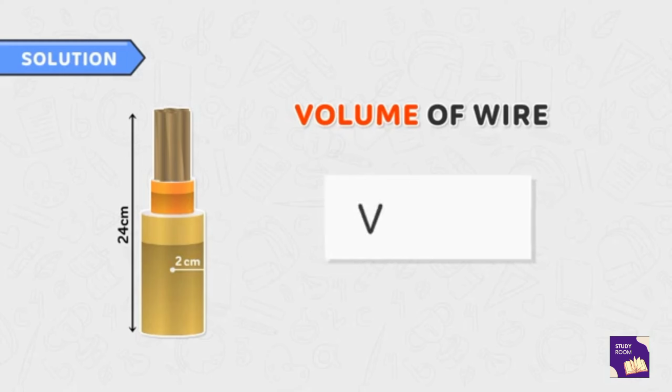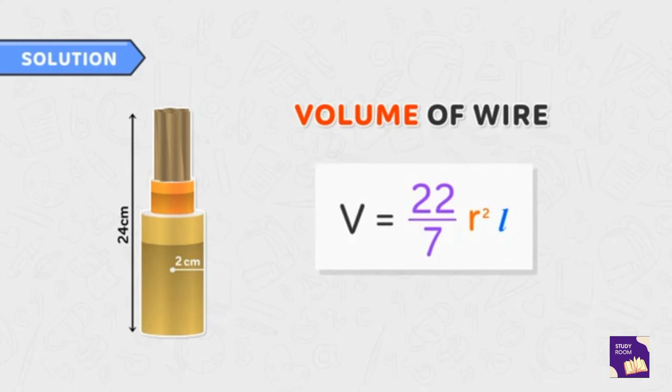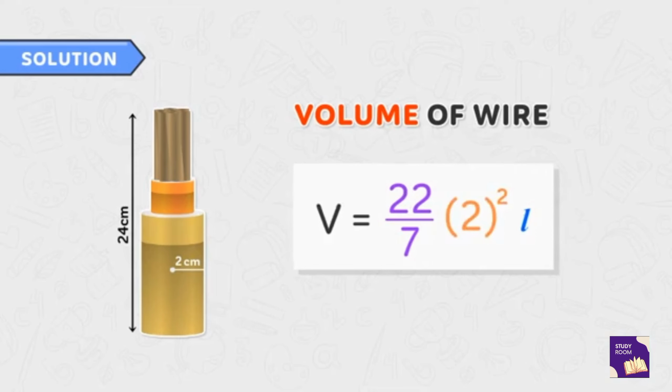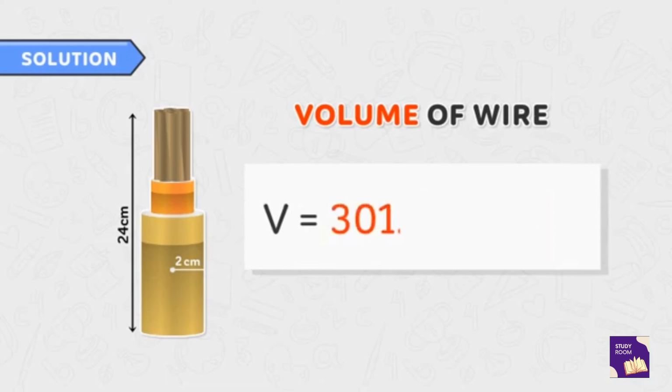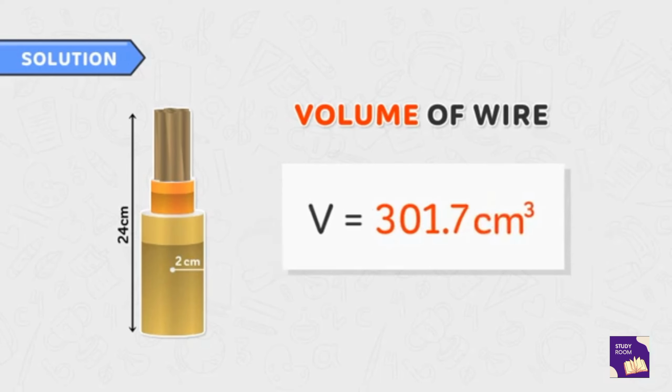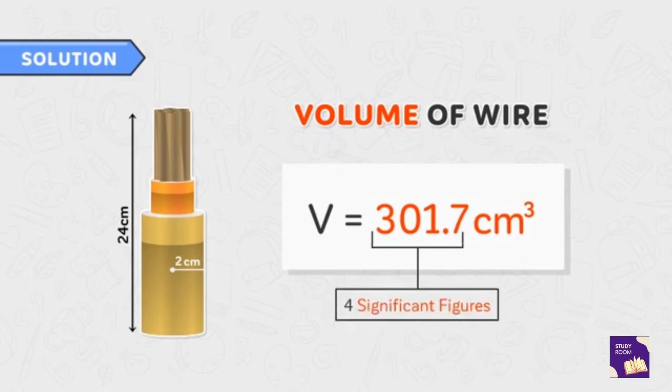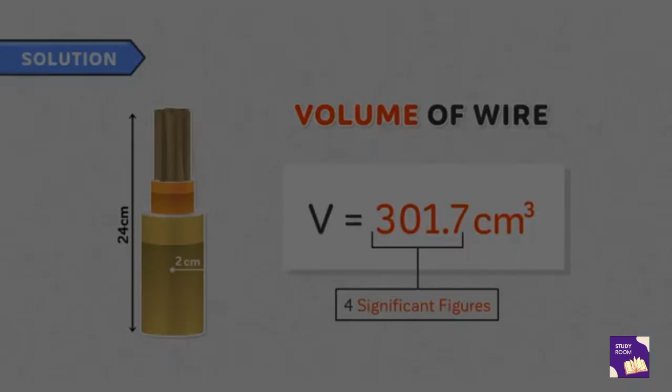Then volume of wire V equal to pi r square L, or V equal to 22 divided by 7 into 2 square into 24. On solving, we get volume equal to 301.71428 centimeter cube. Therefore, volume becomes 301.7 centimeter cube after rounding off to 4 significant figures.